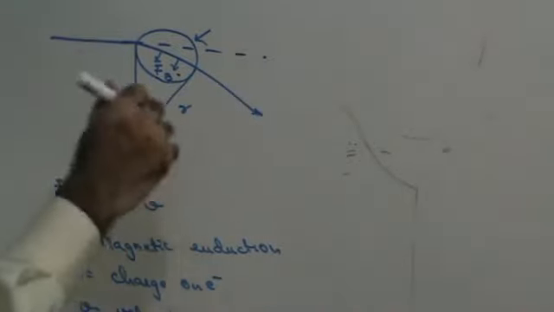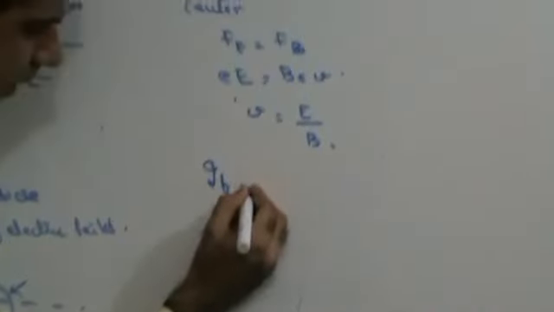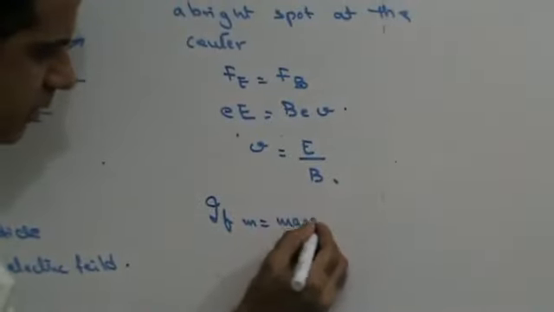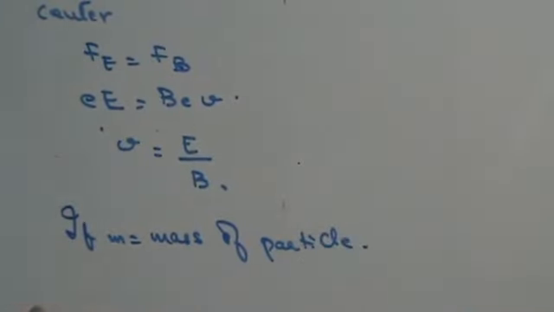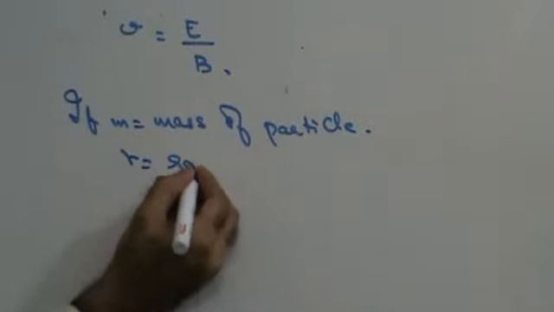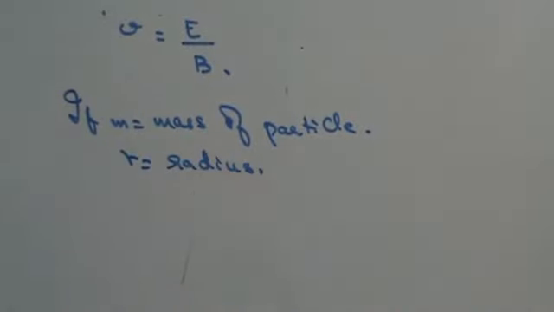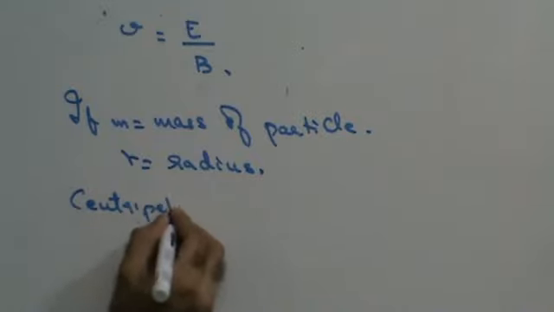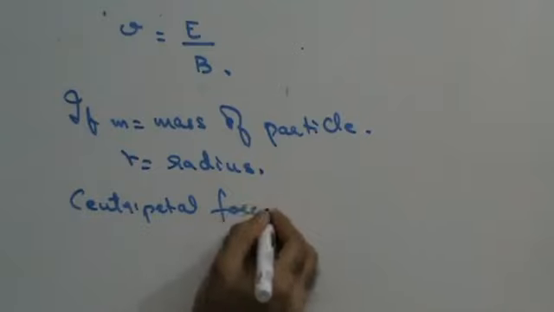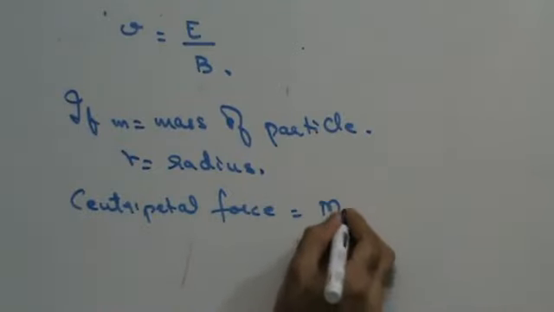I can say that if m is the mass of the particle and r is the radius of the circular path, then the centripetal force is equal to the magnetic force.